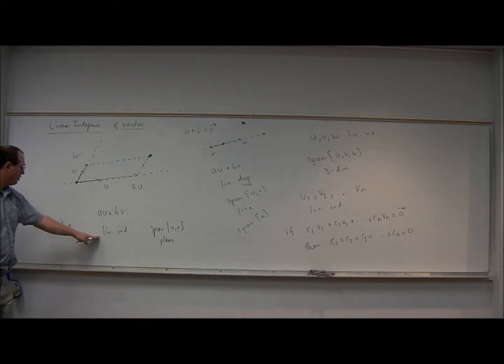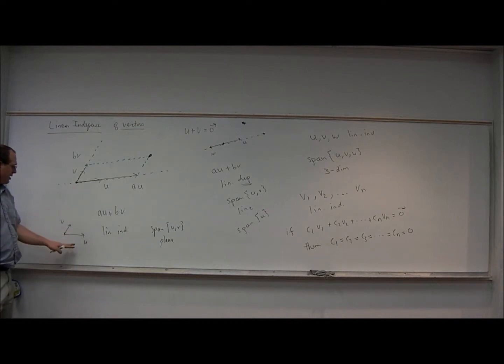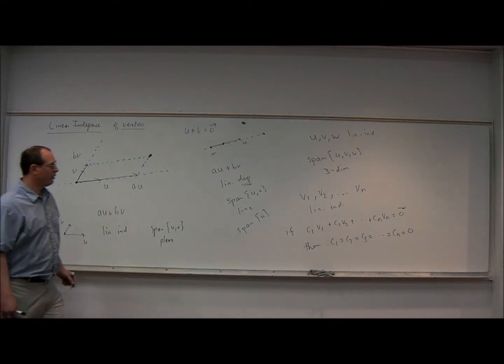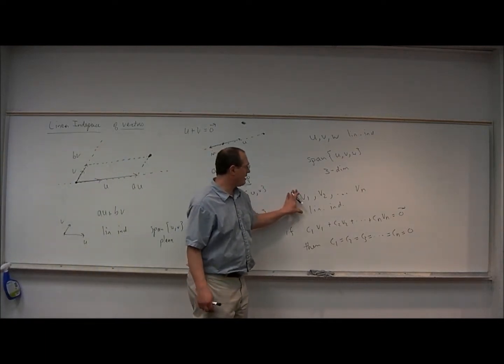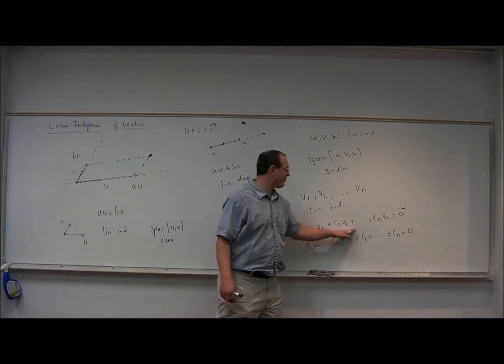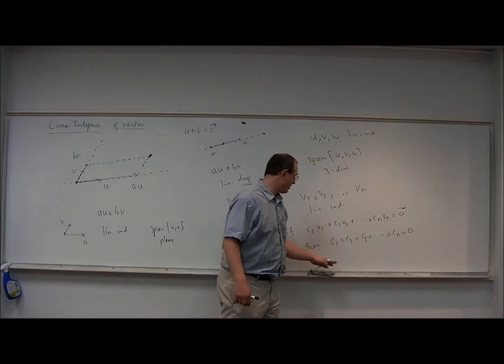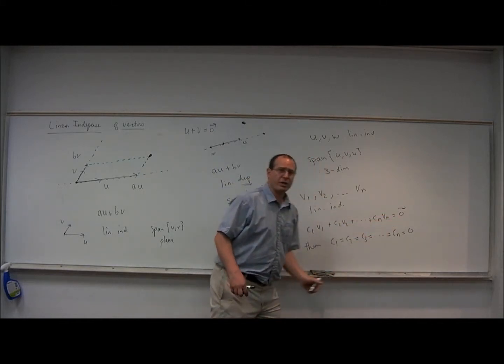Here, if you take some u's and some v's, and the coefficients are not 0, you will not ever end up at this point. Once the u's take you away from it, the v's will never bring you back to that point. So, linearly independent vectors, the only way for a combination to give you the 0 vector is for all of the coefficients to be 0.